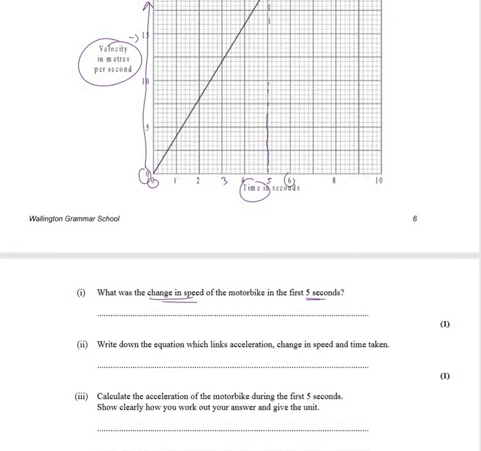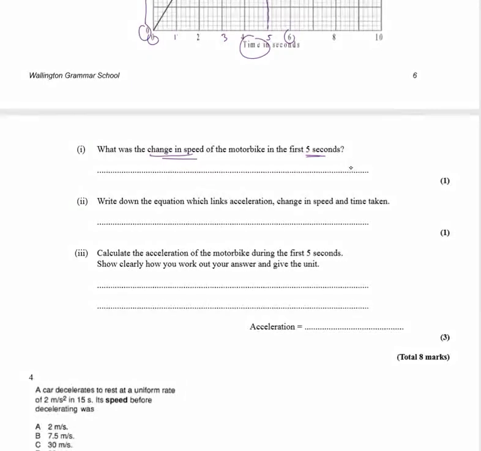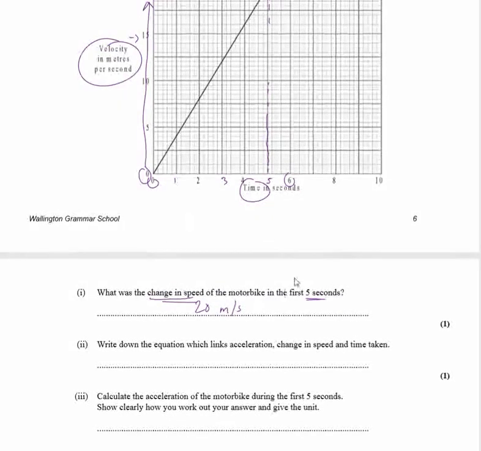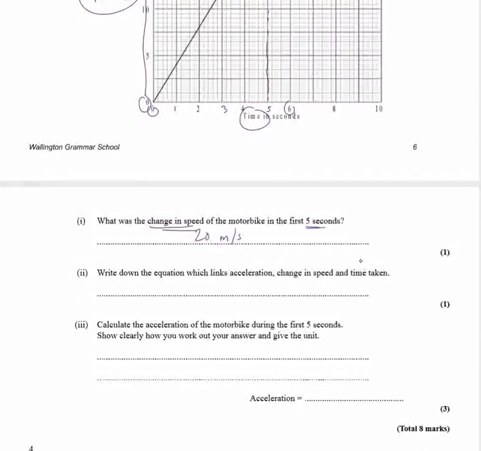Now let's take a look at what we have. The change is going to be 20 meters per second. That's the only possible answer that we have. Another way you can do it is you can work out the gradient. Change in y is going to be 20 take away 0, and change in x is going to be 5, so that's 20 divided by 5. Sorry, wait, I did this wrong.